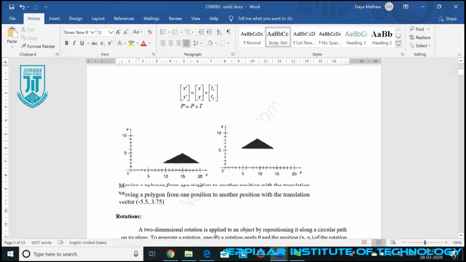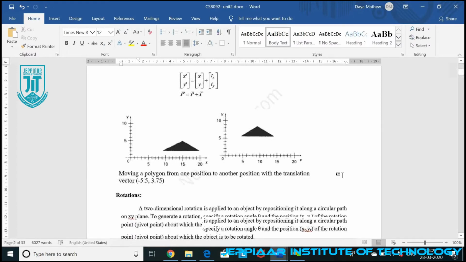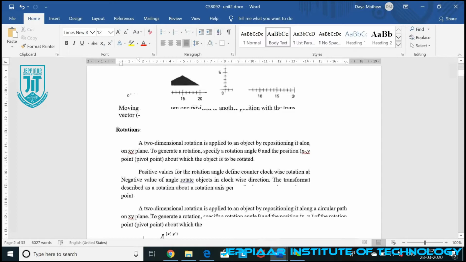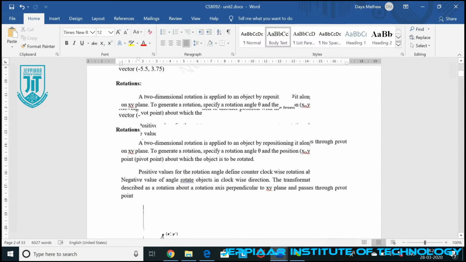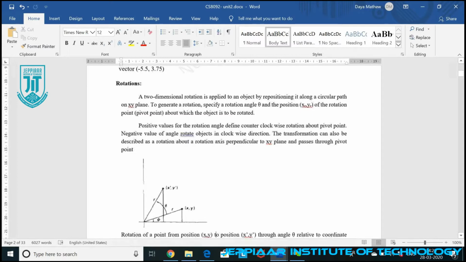Okay. Next, what is rotation? For rotation, if you want to move a point from x, y to x dash, y dash across an angle theta, there is a rotation matrix that you use for that.